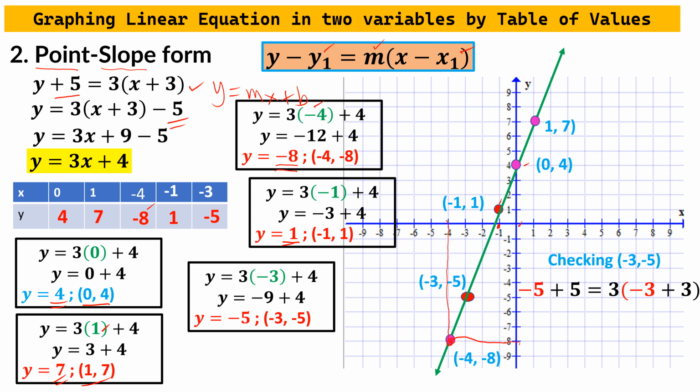Using the -3 and the -5, substituting them into the original equation, 0 is equal to 3 times 0. So therefore, this is the graph of our line described by the equation y plus 5 is equal to 3 times x plus 3.